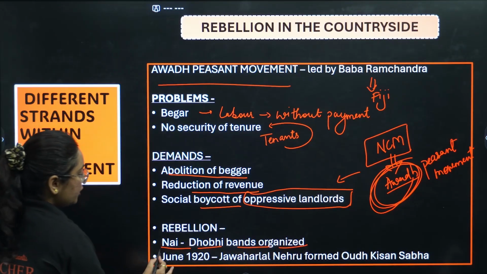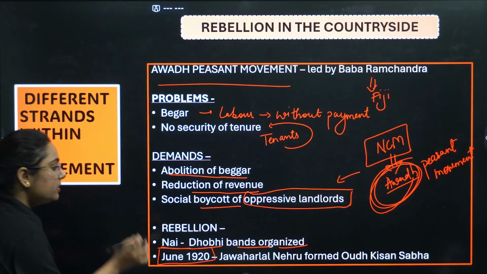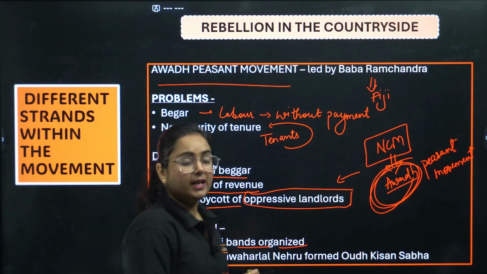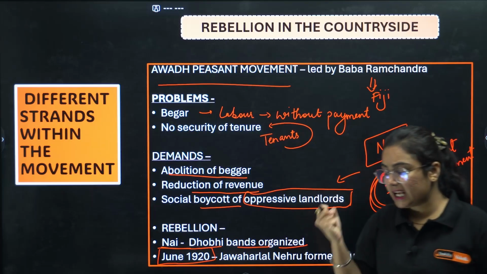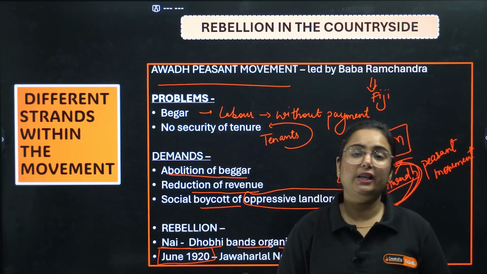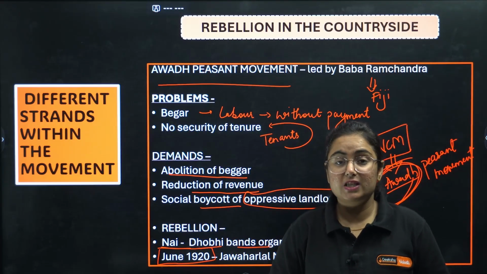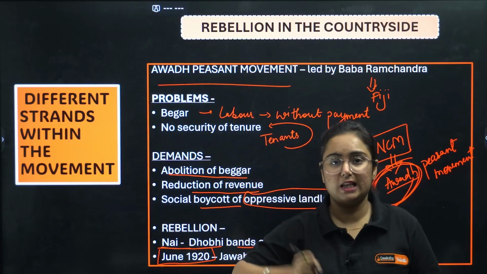In June 1920, Jawaharlal Nehru visited that region, and after talking to everyone, he saw that there were so many grievances of peasants which were not reaching the Indian National Congress.